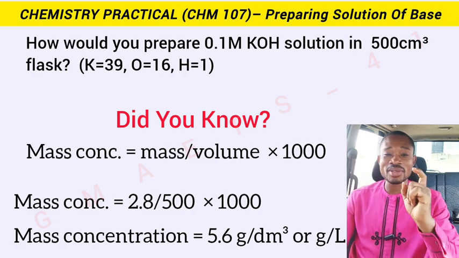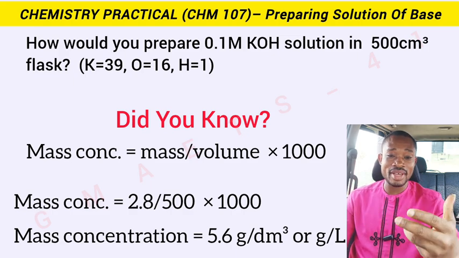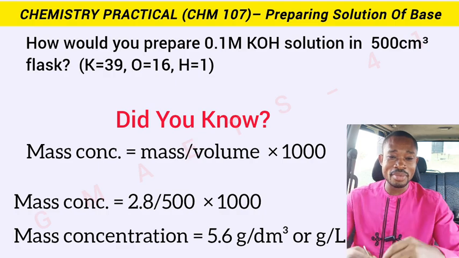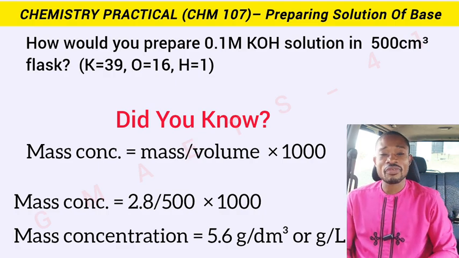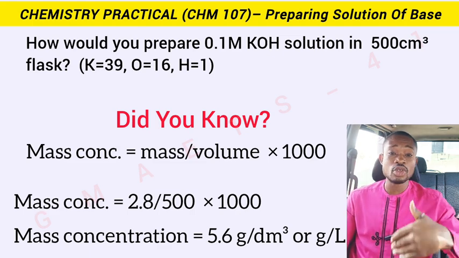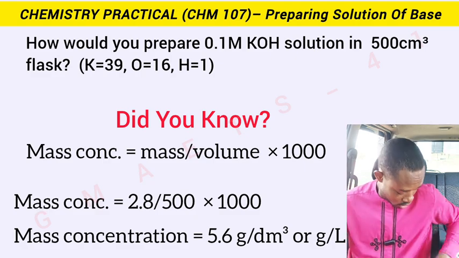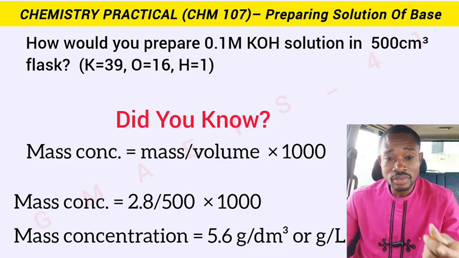And once you know your mass concentration and you know the name of the base, you can actually calculate the molar concentration. Mind you, I've already explained how you prepare the solution. This is just further information that I am giving to you.